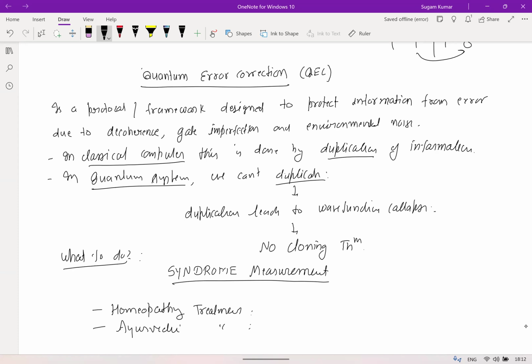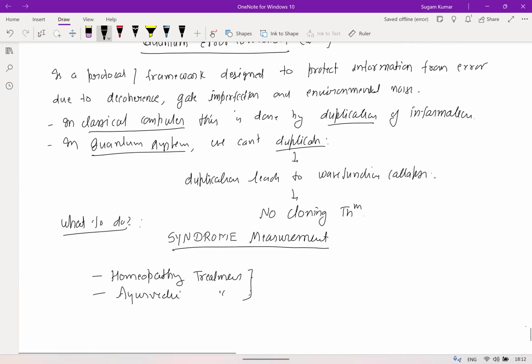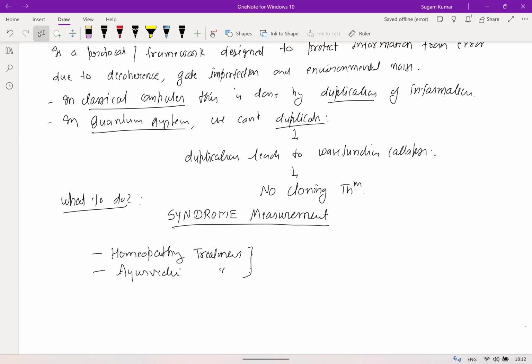If you visit your homeopathy or Ayurvedic doctor, they will say, tell us more about what kind of problems you are facing. They will focus more on the symptoms or syndromes. For example, you say, I'm coughing, but coughing can be because of many reasons.